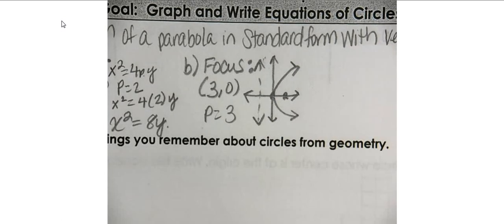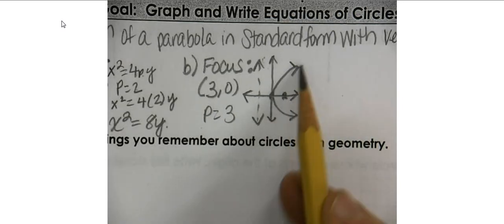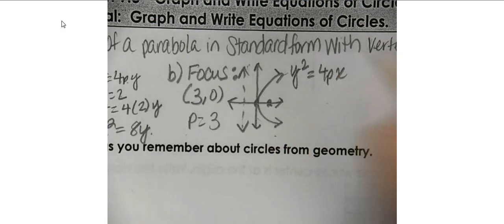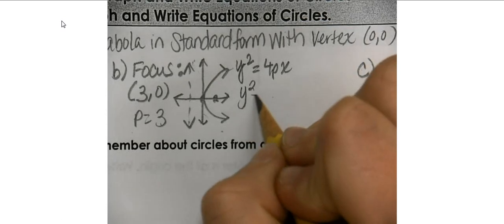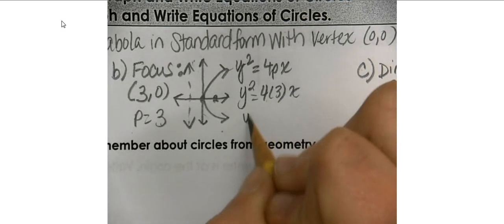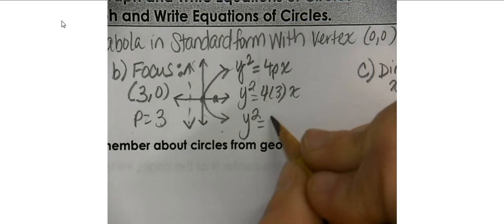And here's my directrix. It's going to be a vertical line. And since my parabola is opening up to the right, that means that I'm going to be using the equation y squared is equal to 4p times x. So since I know what p is, I'm going to write y squared is equal to 4 times 3 times x. And 4 times 3 is 12, so my equation is y squared equals 12x.